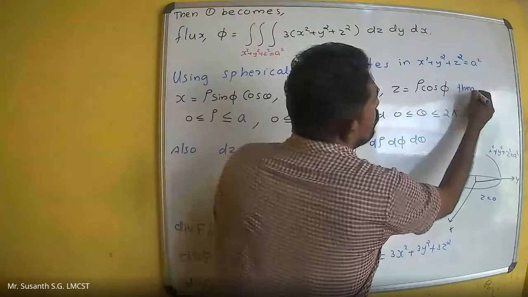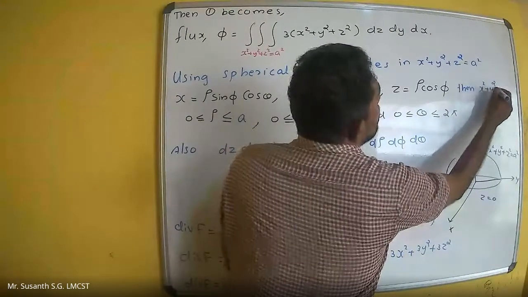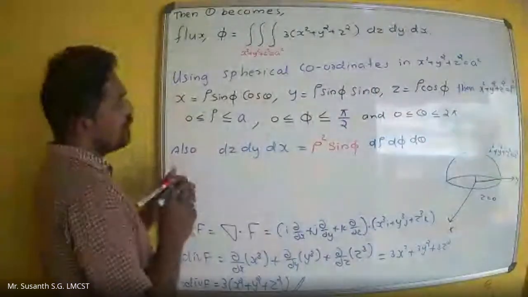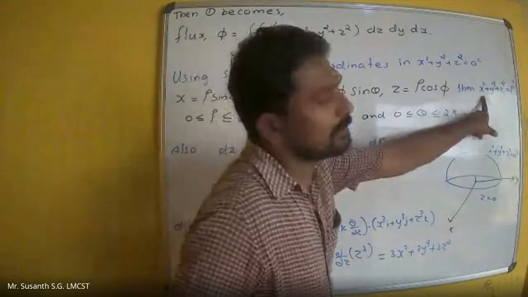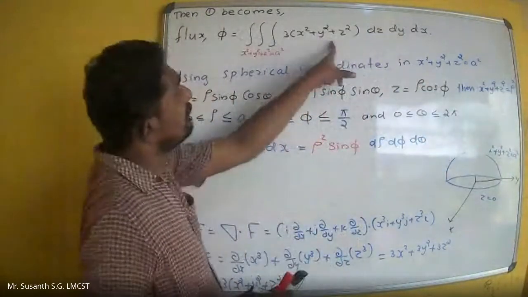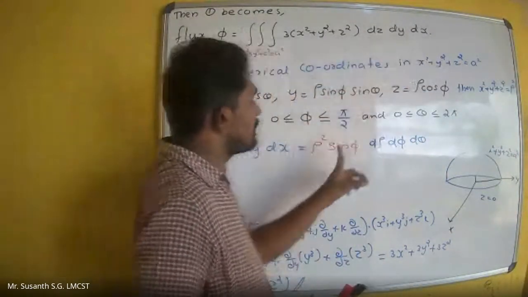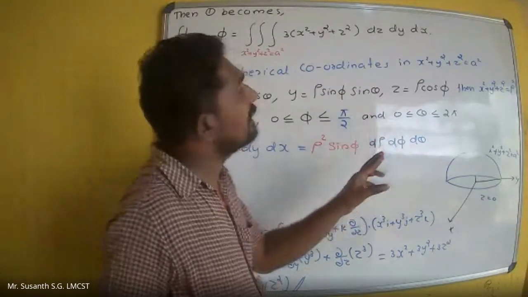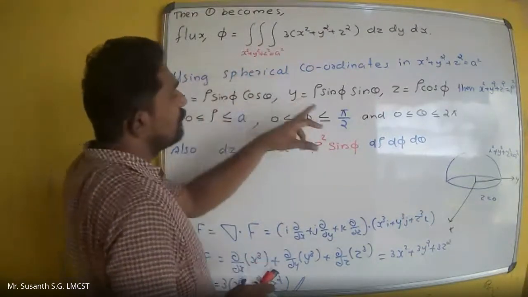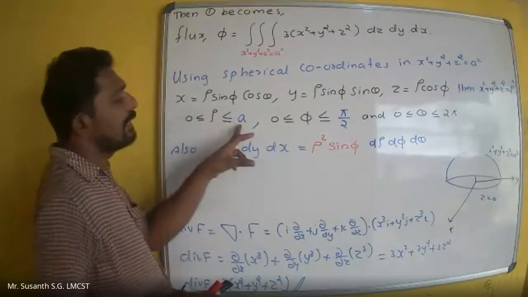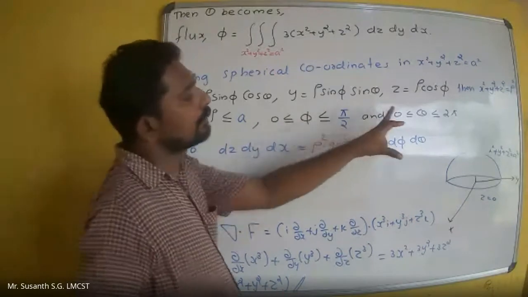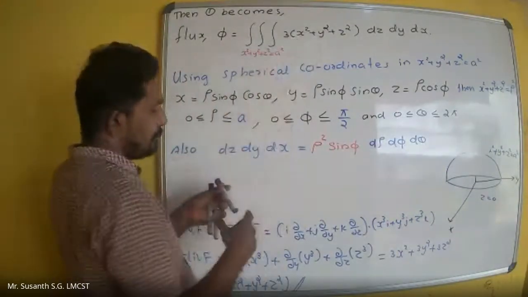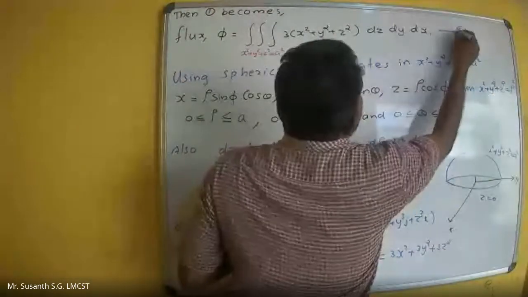Then x² + y² + z² becomes rho². So we substitute x² + y² + z² = rho² and dz dy dx as rho² sin phi d rho d phi d theta, with limits of rho 0 to a, phi 0 to pi/2, and theta 0 to 2 pi. This is equation 2.